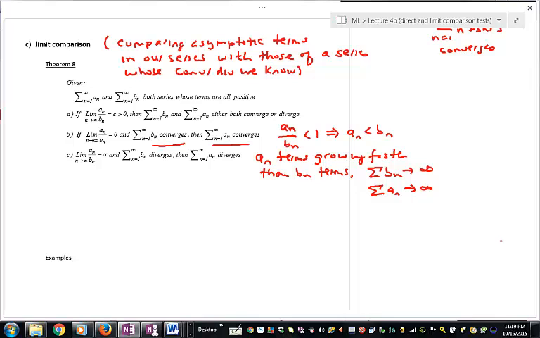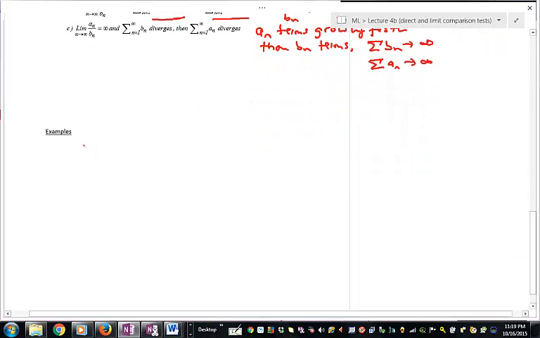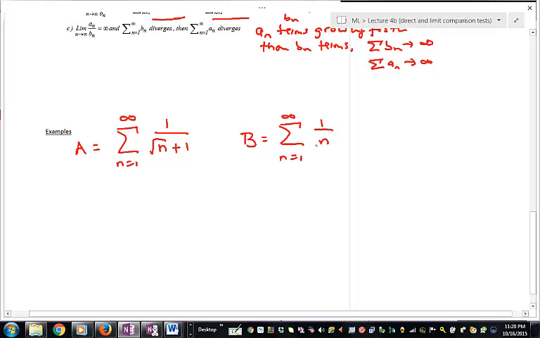So here's an example using a P series, and I'll show you one with a geometric series. So let's look at this series. I'm going to call this my A series. Now, I want to compare this to the P series for p equal 1/2. So I want to use this as my B series. Okay.